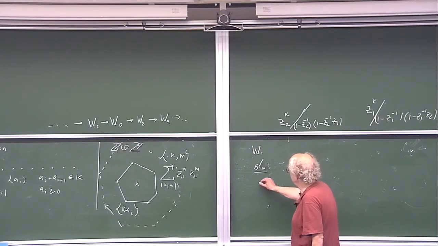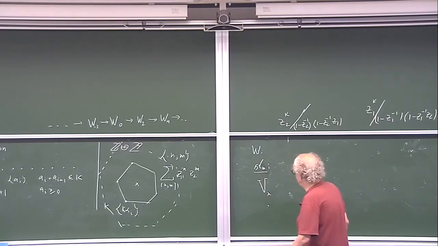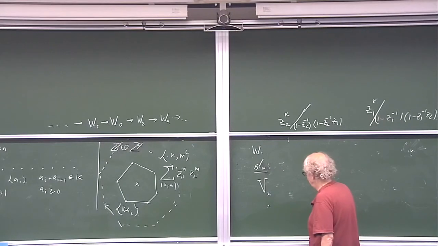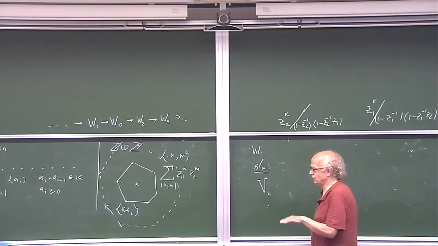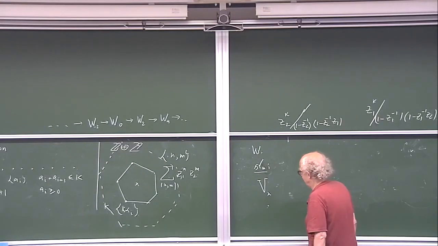Suppose we take an irreducible representation with some highest weight lambda. If you take such a representation, then for it we can draw the so-called weight diagram.